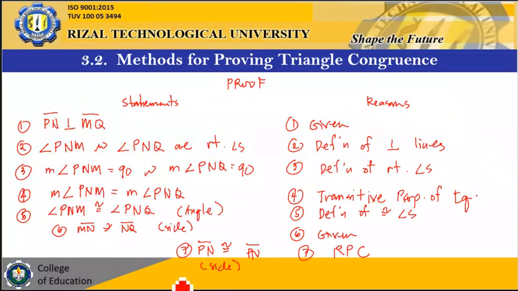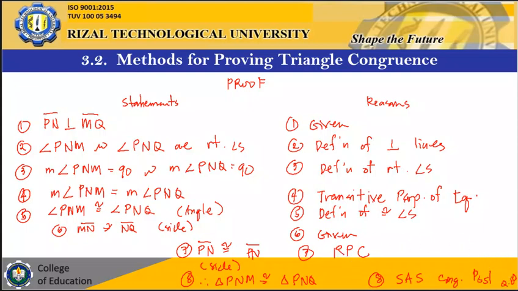So therefore, we can now conclude that triangle PNM is congruent to triangle PNQ. And the reason is by the Side Angle Side congruence postulate. And this ends our proof.